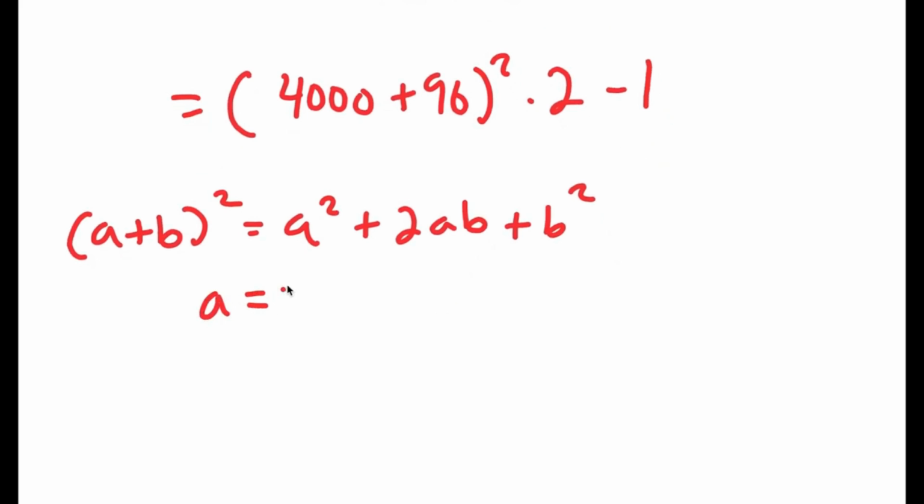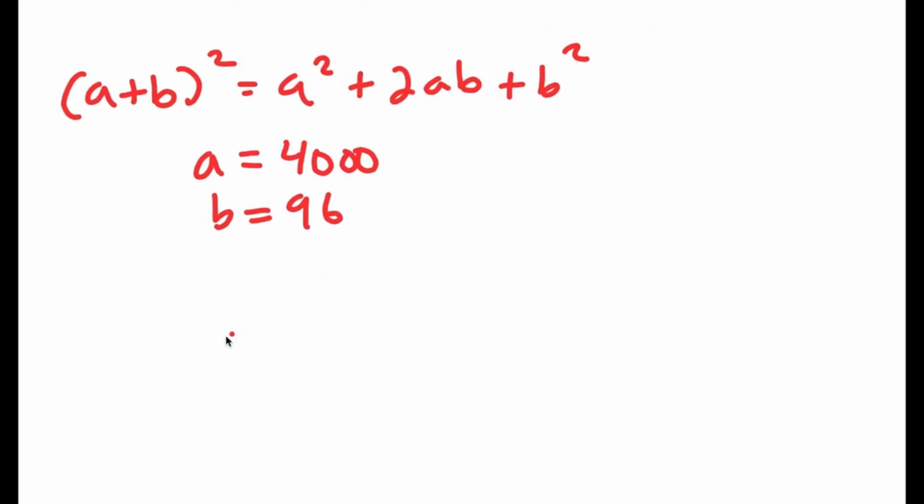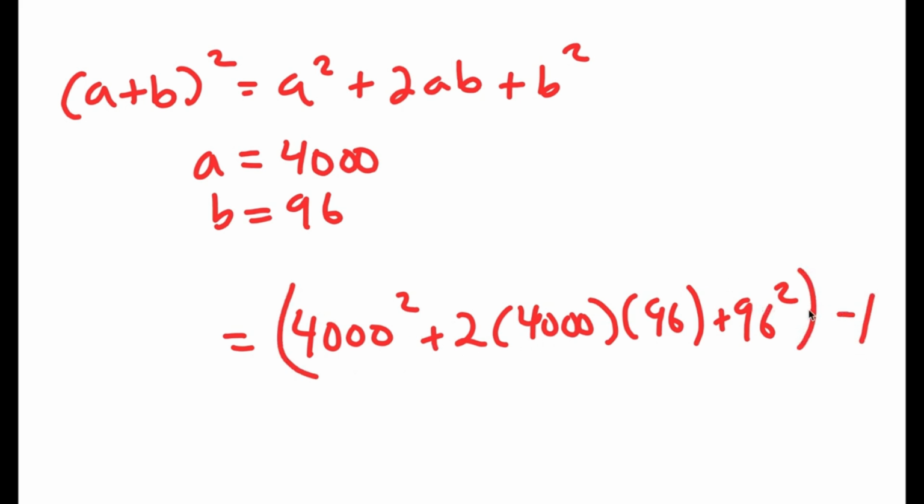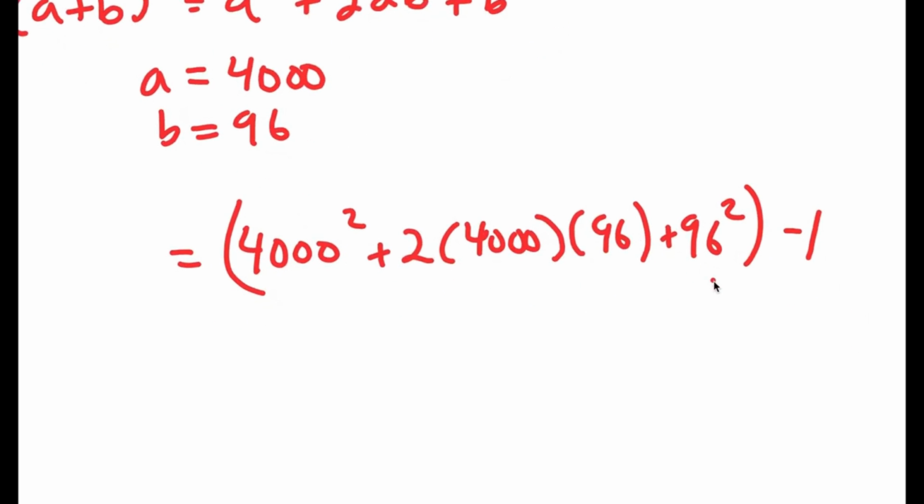So in this case, a is 4,000 and b is 96. So this turns into 4,000 squared plus 2 times 4,000 times 96 plus 96 squared. And I have all of this minus 1. Oh, sorry. All of this times 2 minus 1.